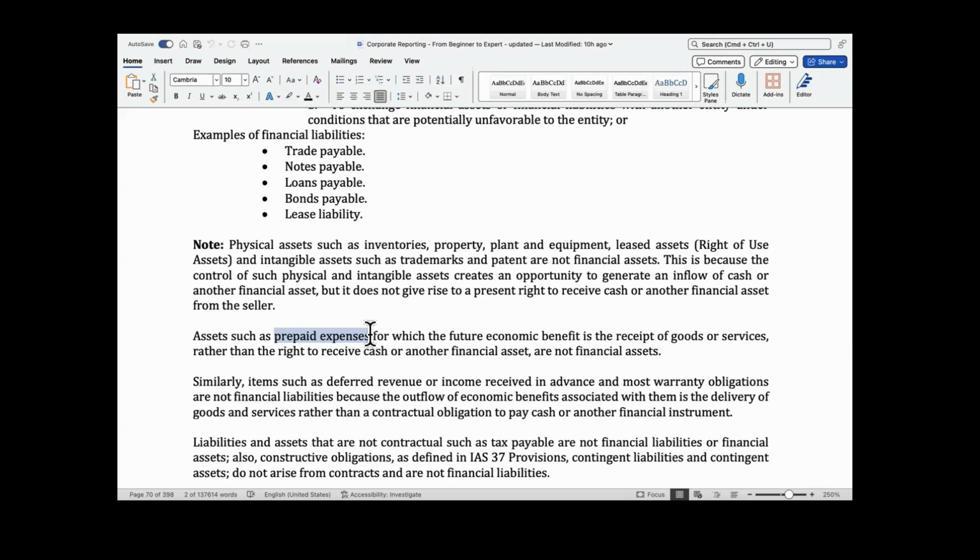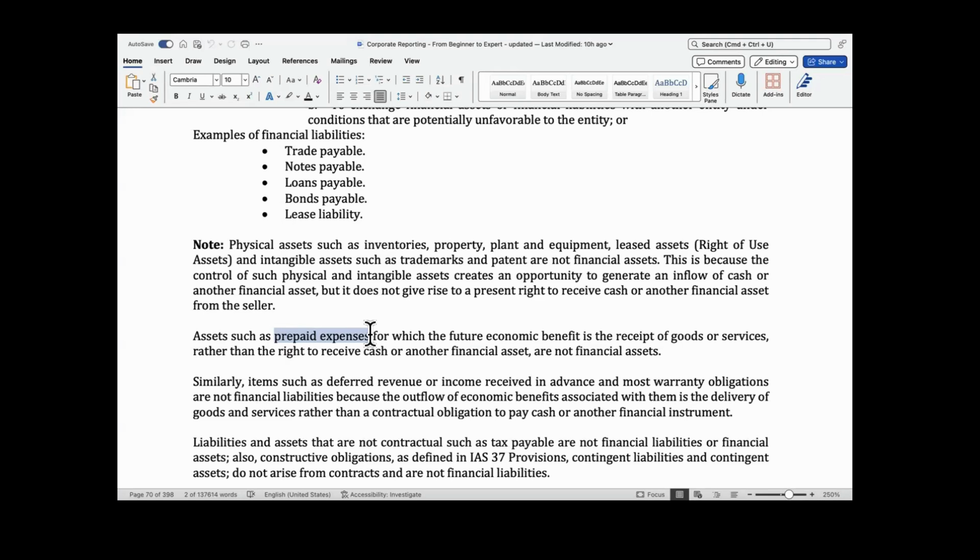And yes, they will deliver your goods, or you paid the rent in advance. And yes, you will use the service, or most of you have paid your lecture fees in advance. And yes, we'll teach you. Those are not financial assets. Financial assets, what you're expecting is cash. At least that part of financial assets.